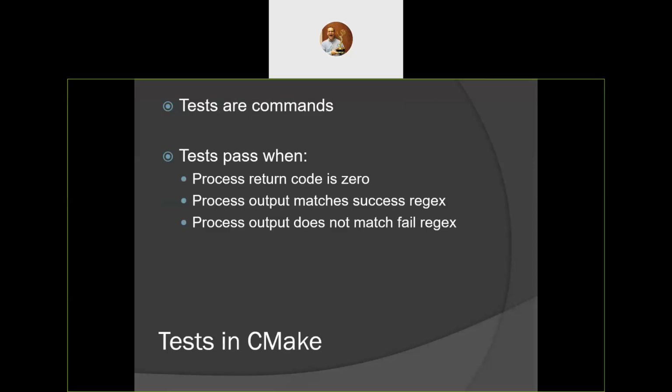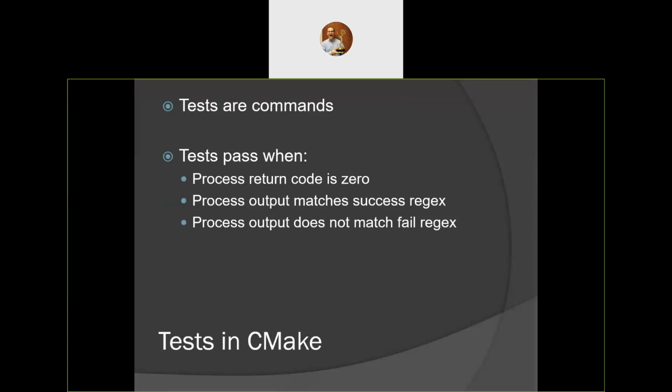So really, a test in CMake is just a command. That command can be running an executable that was built by CMake. It can be running some kind of script. It can be anything that is expressed as a command.